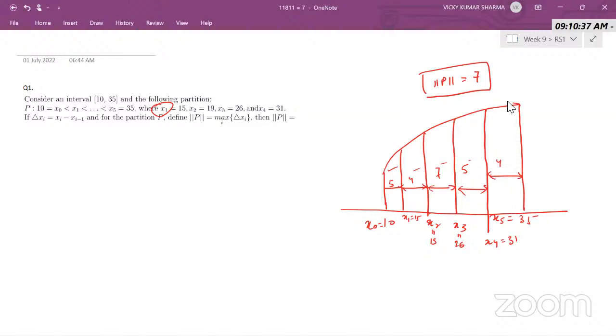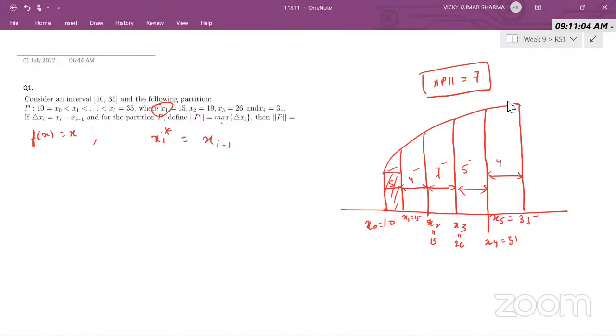So if I say f of x is x, then the summation; and then I have to tell you what my xi star is. Let's say xi star is x sub i minus 1. That means you have to take this side of the interval, and this area you will find out.